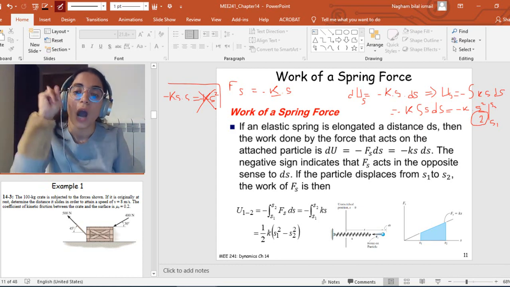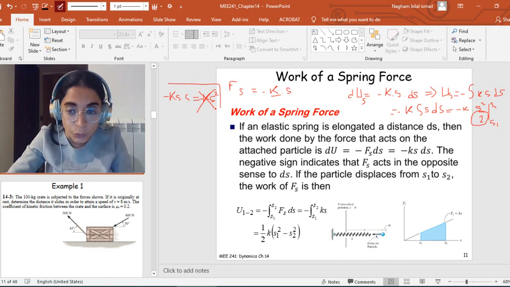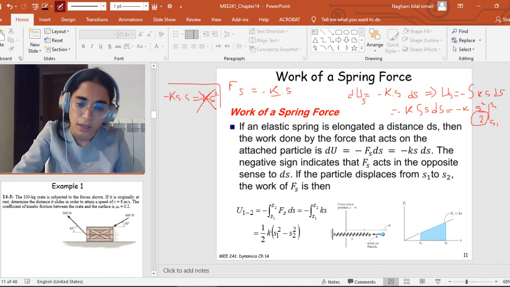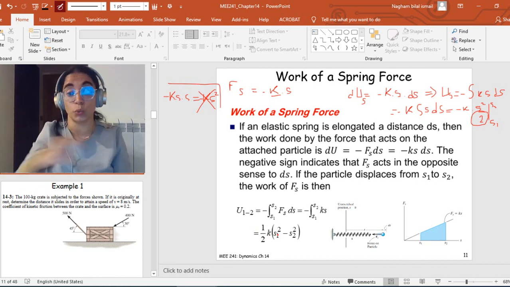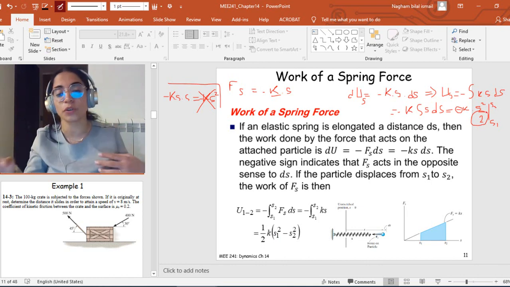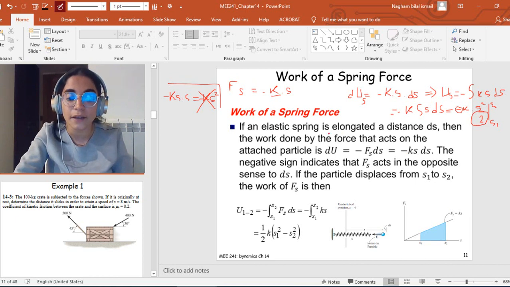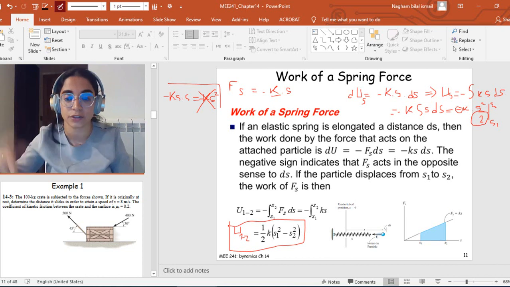So the work of the spring force is minus k s squared over 2, which is half k times s1 squared minus s2 squared, because I remove this minus sign and multiply s2 squared minus s1 squared by it. So the work of the spring force between position 1 and 2 is equal to half k times s1 squared minus s2 squared.